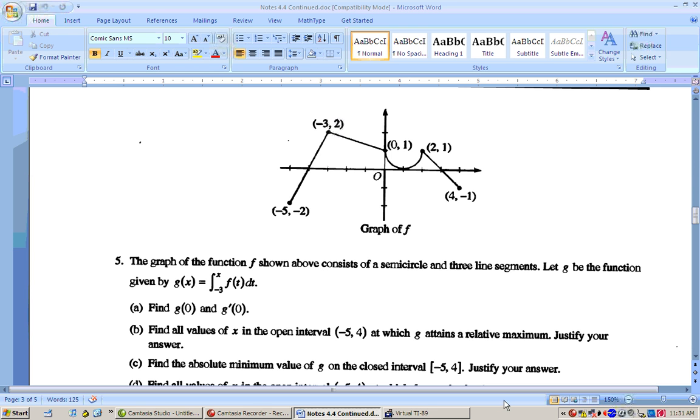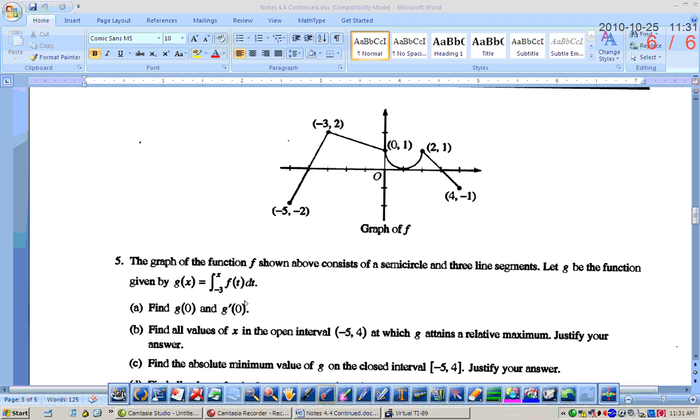You can use the second fundamental theorem of calculus, where to take the derivative of a function that's defined as an integral, you plug the top number in for t. So if you plug an x in, you're just going to get f of x. And then what's the derivative of x? 1.